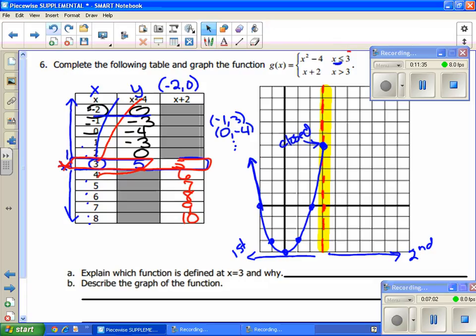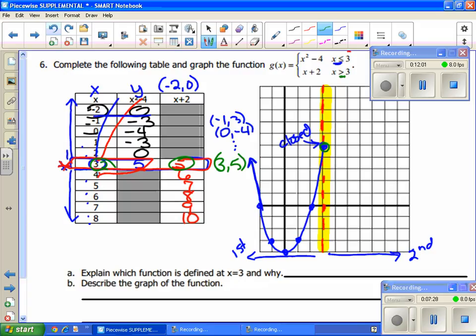All right, I'm now going to switch colors and graph the second piece of the function, starting with 3 and this 5. So on the new graph that would be 3, 5. Technically, starting at that point, I would use an open circle because this one does not have an equals. If I didn't have two colors, you would not be able to distinguish the two pieces.